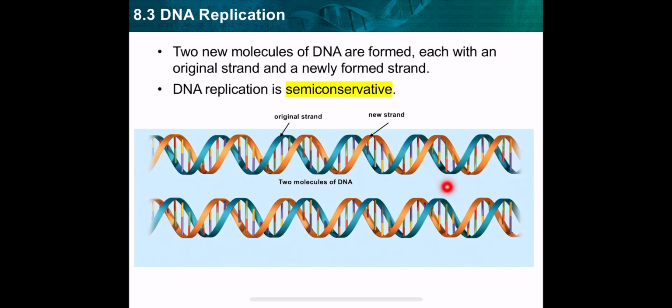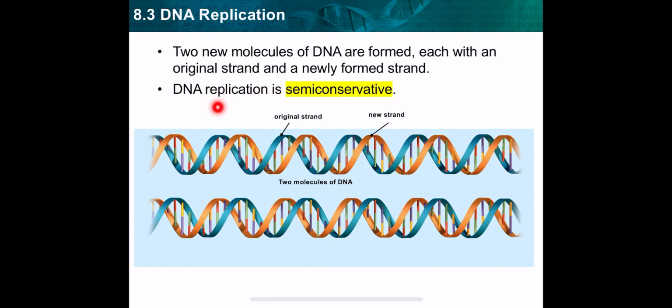Now, there are two new double helices. Each one contains one original strand and one new strand. One original, the blue one, and the orange one is the new one.